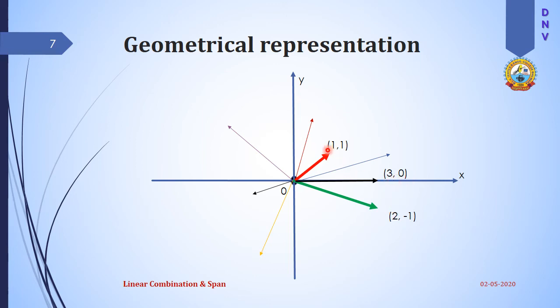Similarly, if I take 2 times this and 1 times this, it will be (4, 1), the blue vector. Similarly, all these vectors can be represented as linear combinations of these two vectors, and hence this is the geometrical representation of the span of these two vectors.